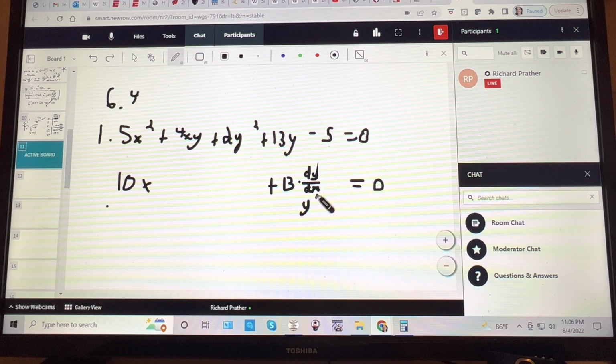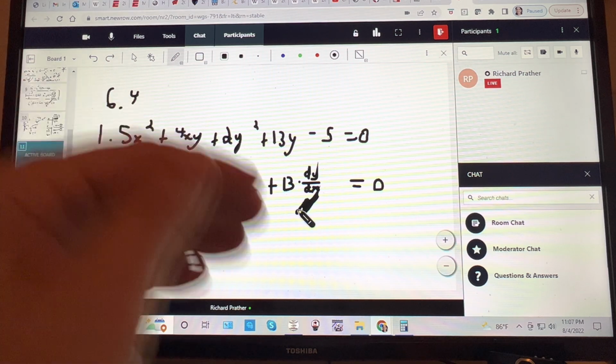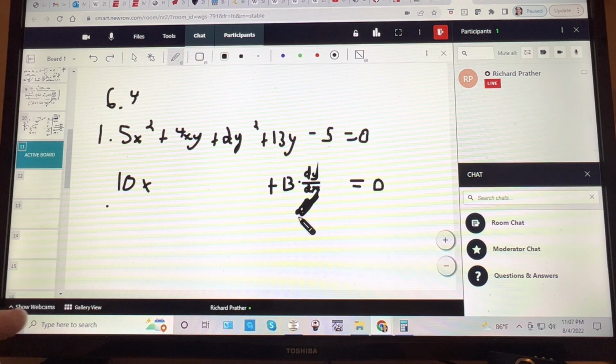I'm going to put dy over dx because that's what they asked me to find, but remember, those are equivalent. Anytime there's a y, you do the derivative normally and you just attach a dy dx to it. But if you only have an x, you don't do that. So the derivative of 2y squared is 4y using the power rule, but then dy over dx since it's the y variable. So that just gets attached every time there's a y variable.